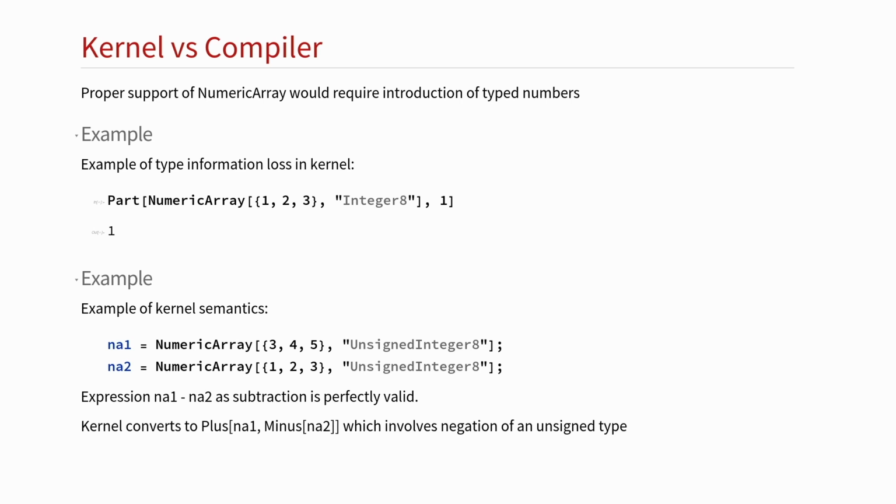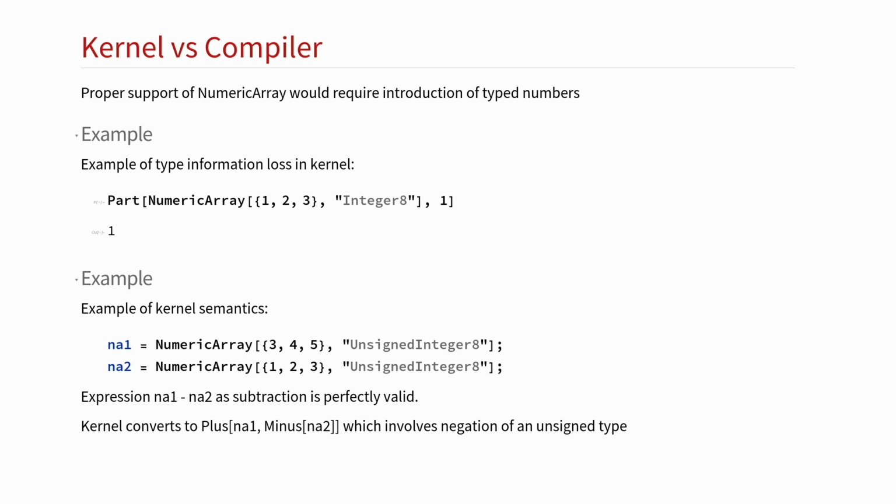This is the question. So here are a couple of examples comparing the kernel arithmetic to the compiler arithmetic. If I take a numeric array that has a definite type, and I use Part on it inside the kernel, the only thing the kernel can do is make what it knows as an integer out of that thing. We don't have a representation of typed numbers in the kernel. So I've lost this information.